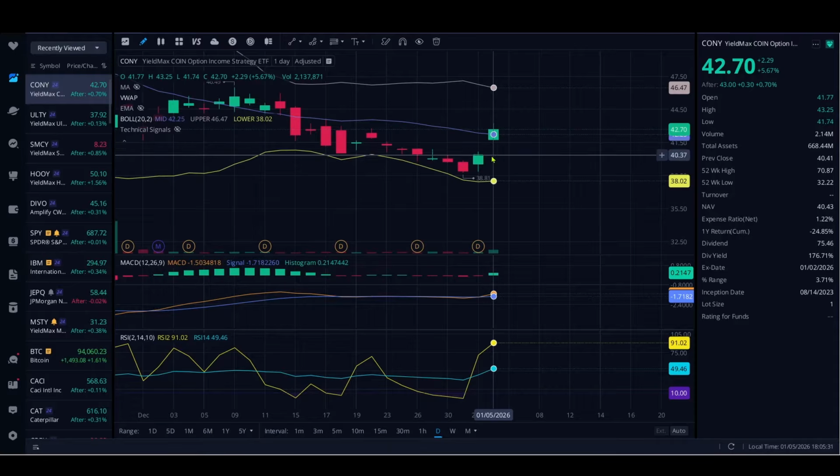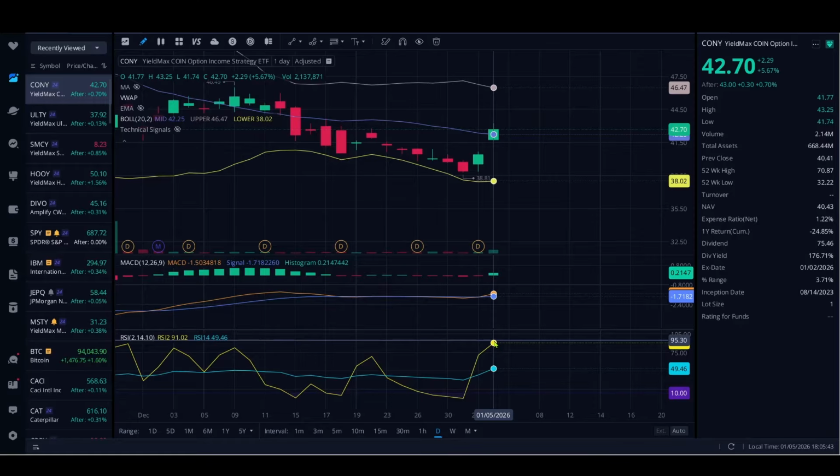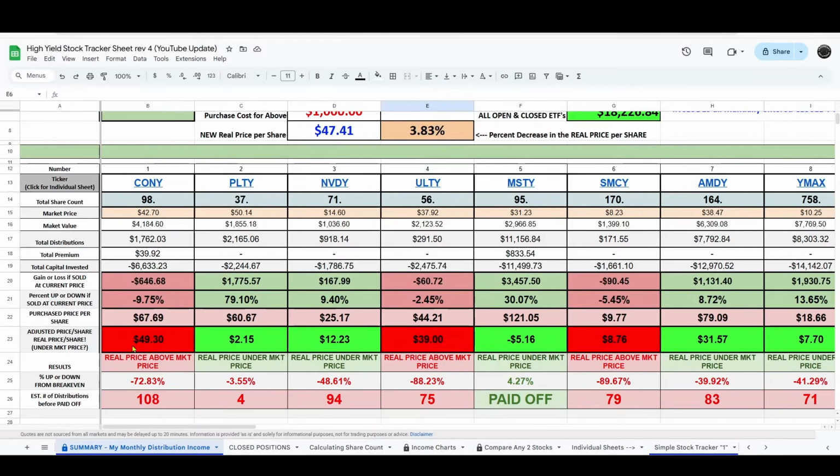If it did, then I would move to the RSI 2, which is this yellow line at the bottom of the screen here. And I would want that yellow line, which is the RSI 2, under this 10. So it is currently at 91.02 because of that huge pop-up. So even though CONY is red, stating that if I did buy, it will lower my real price per share.